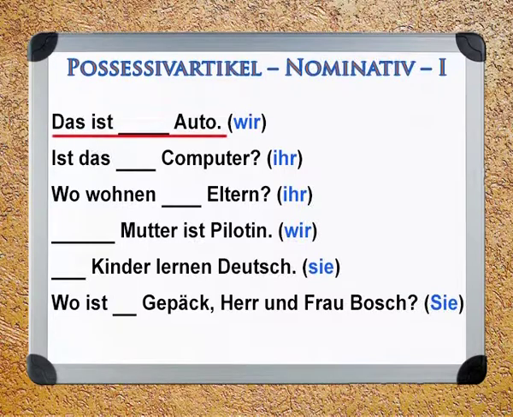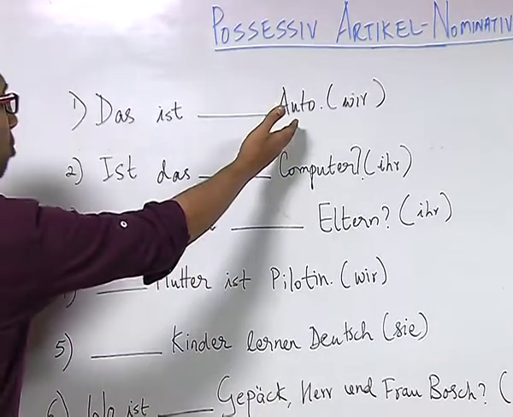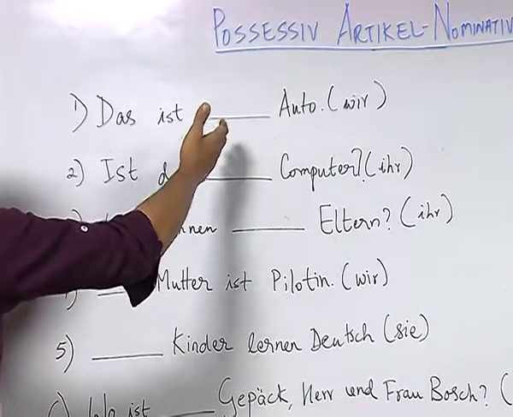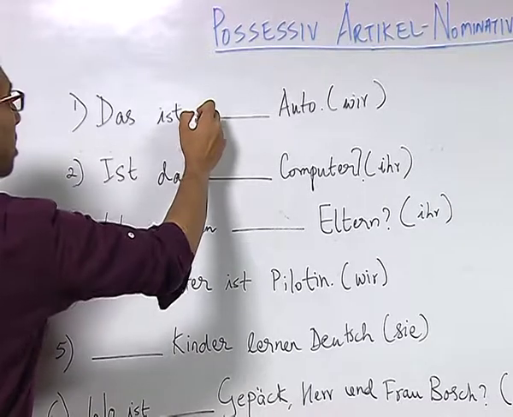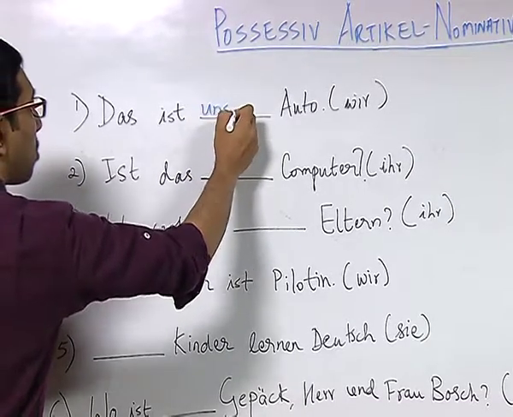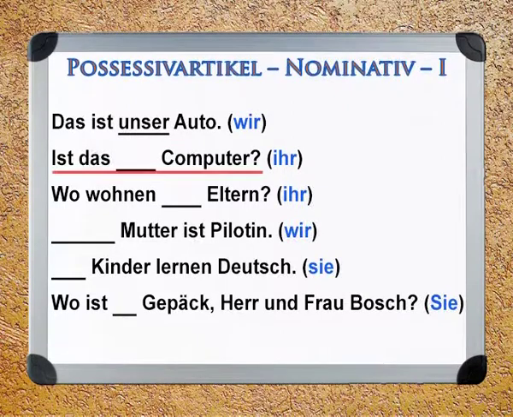Please look at this sentence, das ist Auto, and here in bracket we have the pronoun wir. As you know, the article for the noun Auto is das, so we have here for wir the possessive article unser, das ist unser Auto. Now, let us look at sentence number 2, ist das Computer?